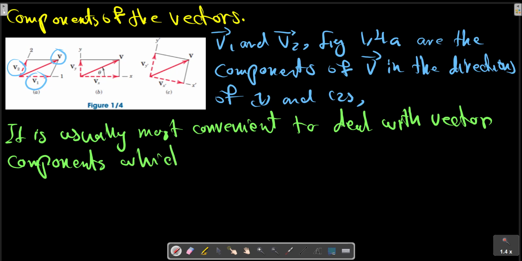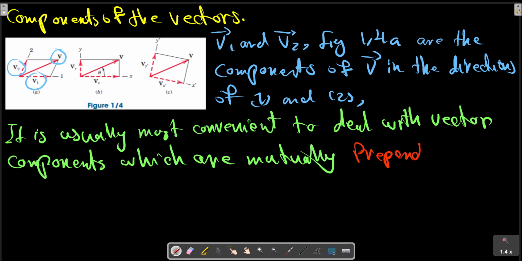These are called rectangular components.